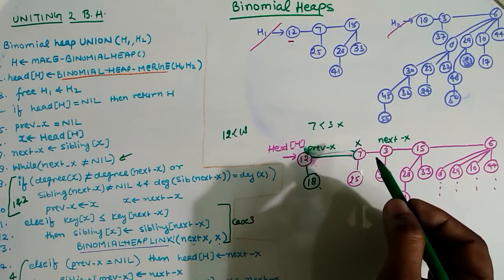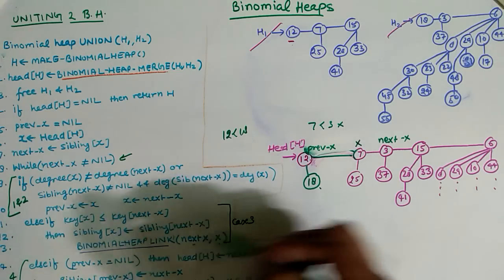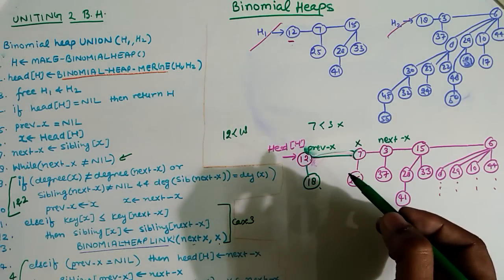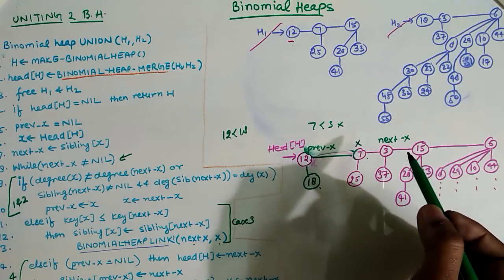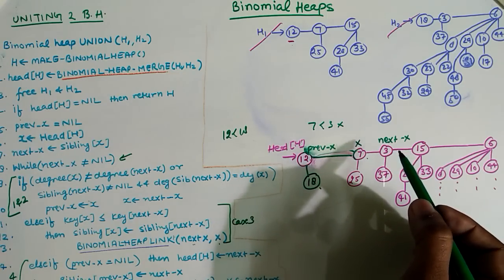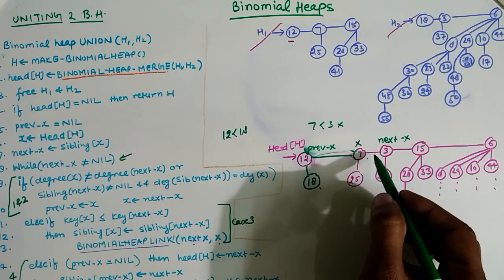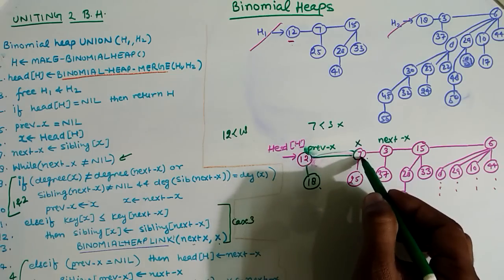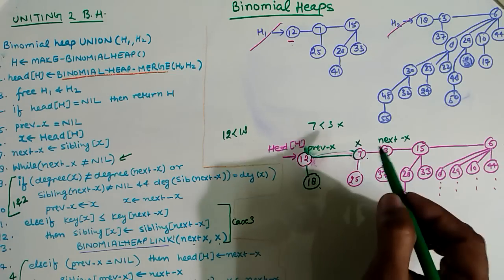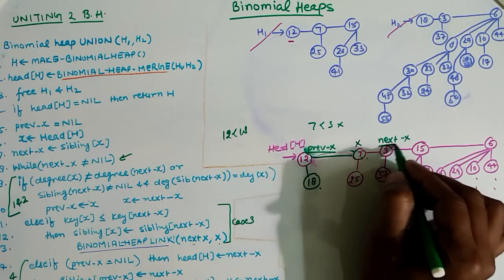So here, because x is updated, previous of x is already updated, so we go in the else part. In this one, what we do is sibling of previous of x. Sibling of previous of x means this node would be the next of x. So we have to update the sibling of this one as next of x.